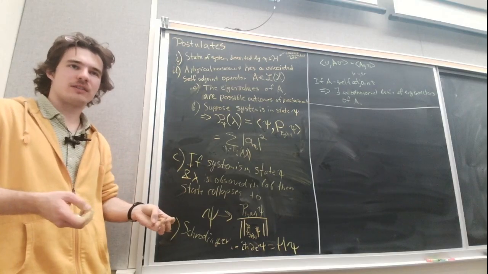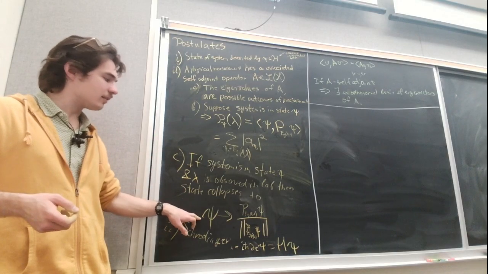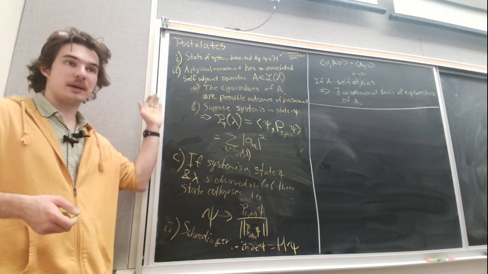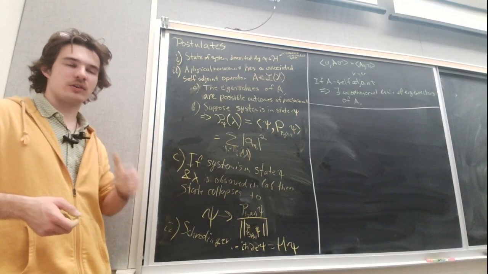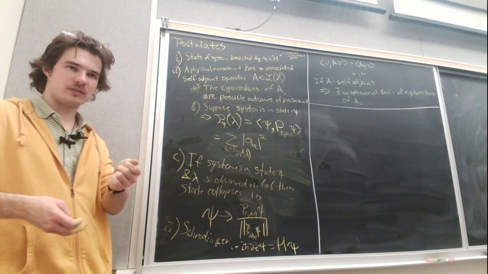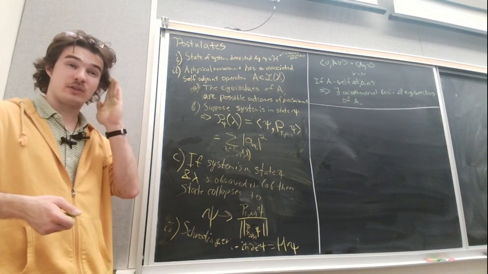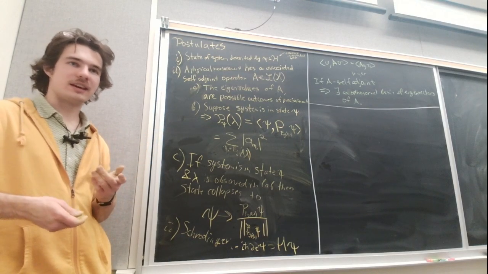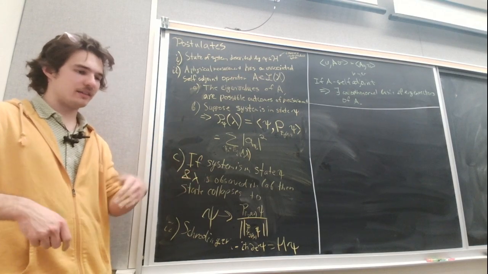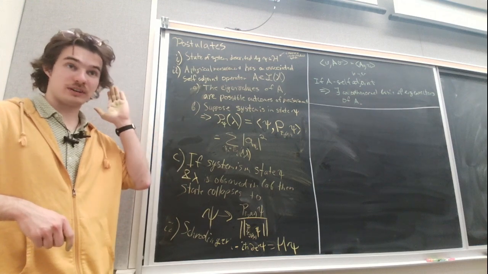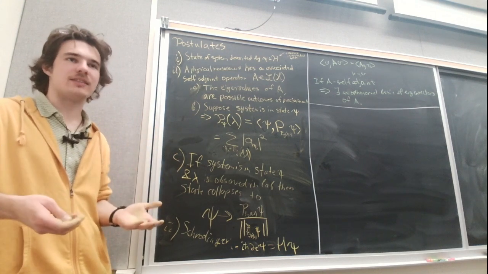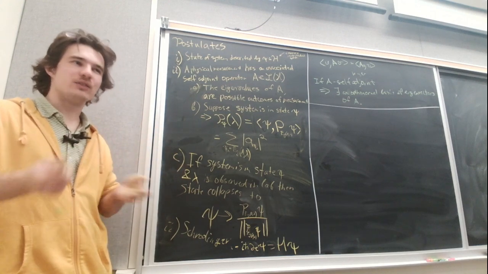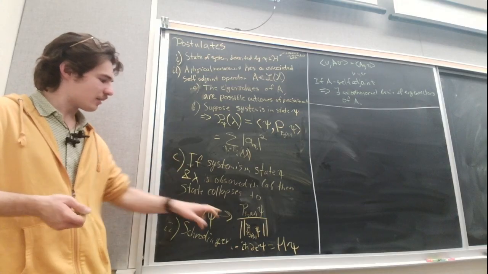Because I already measured it. So exactly, the state will collapse to the subspace associated to the specific eigenvalue that you just measured. Like if I measured this, then if I was to measure it immediately again, I should get the same thing. That intuitively kind of makes sense why that is the rule.